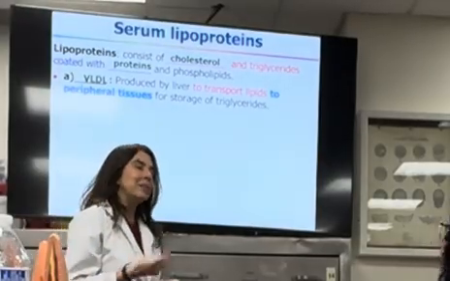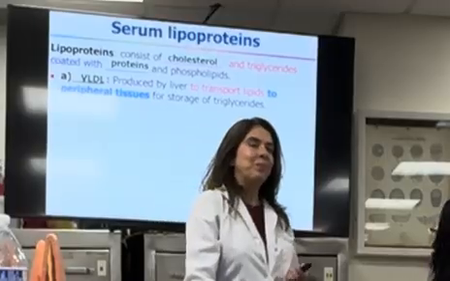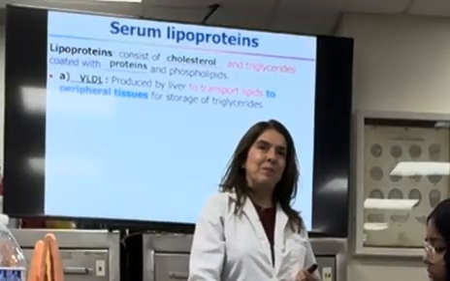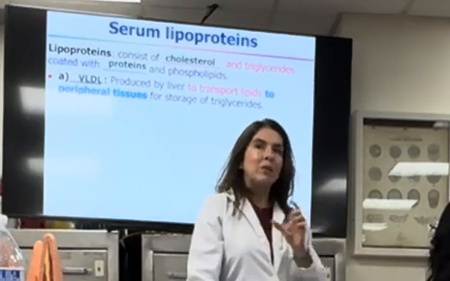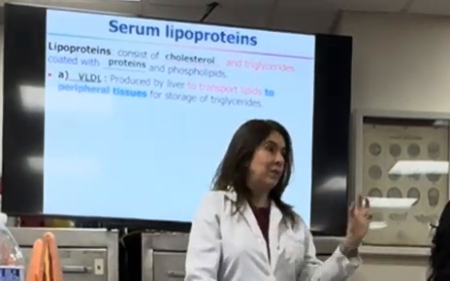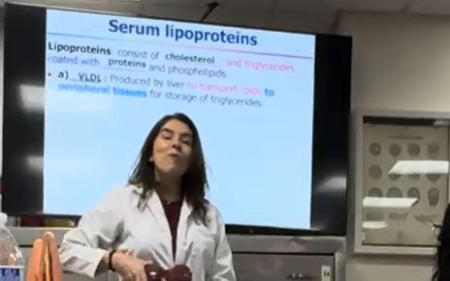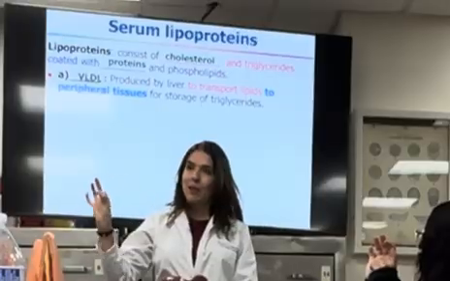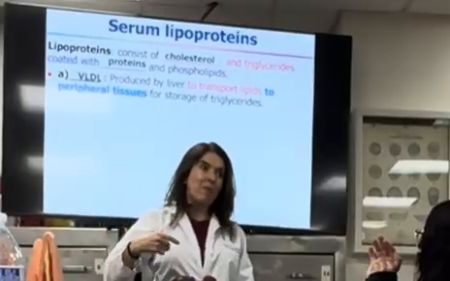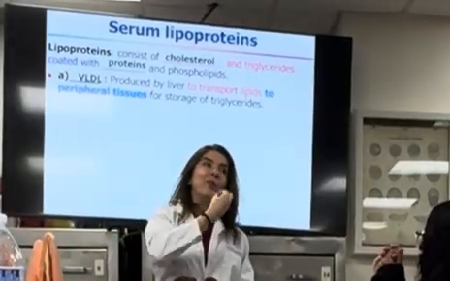Why is it that VLDL is bad? Clogs. So I want you guys to think of lipoproteins as shuttles. VLDL is a shuttle that takes cholesterol and lipids from the liver to peripheral tissues.